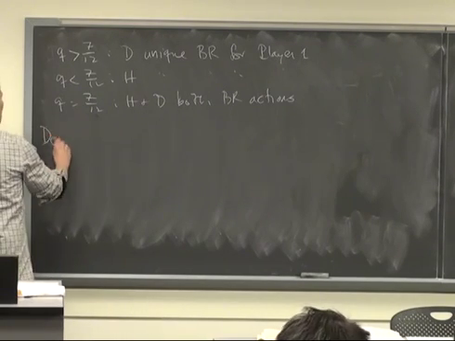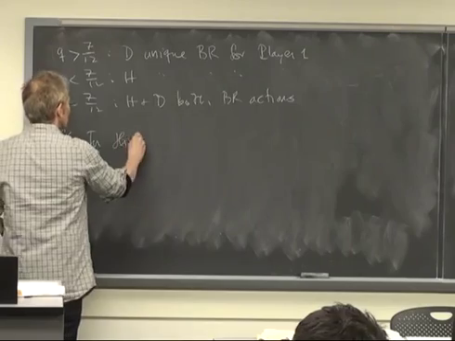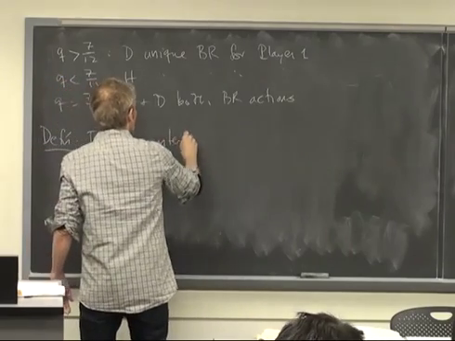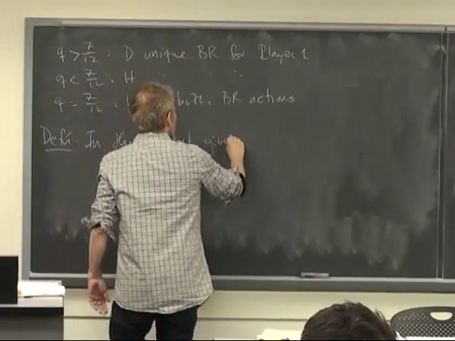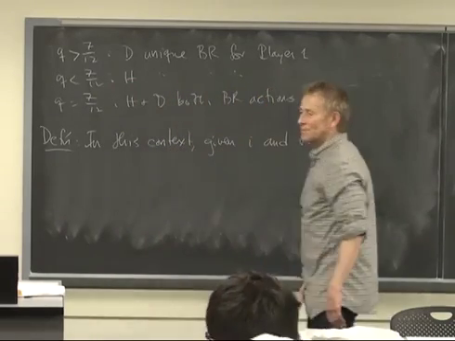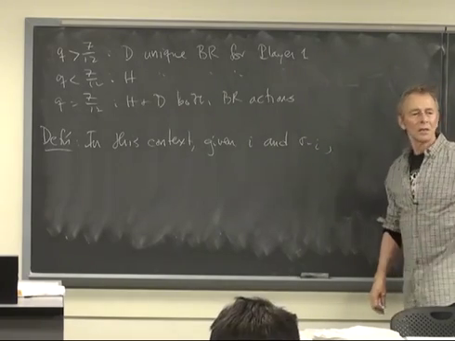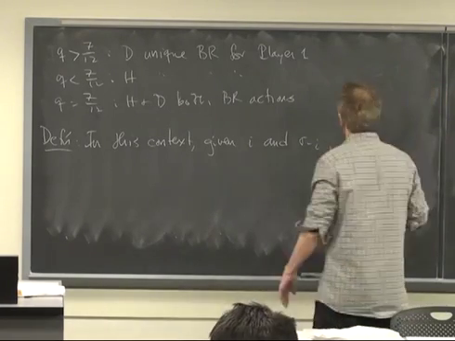So here's the next definition. In this context, again, given i and sigma sub minus i. So i is the index of a player, sigma sub minus i is a specification of strategies for the other players.